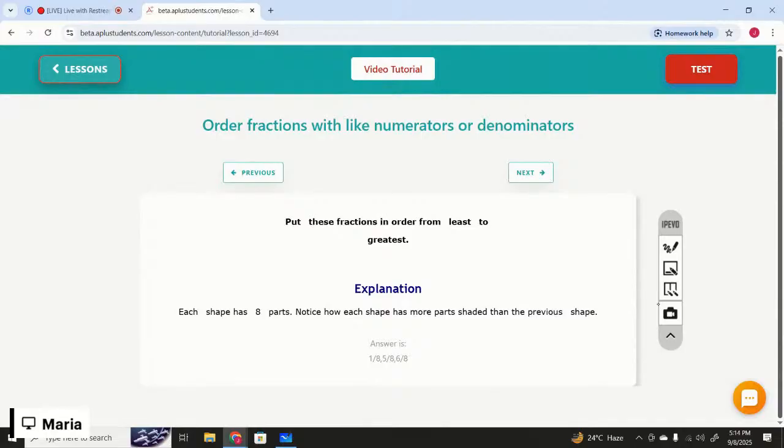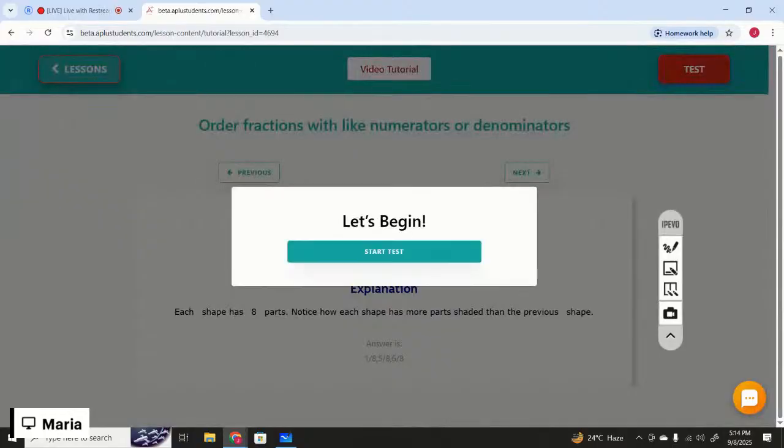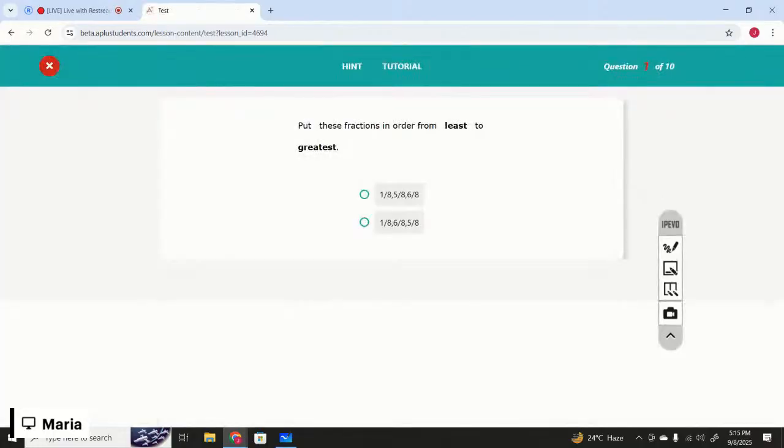So let's just start with the test questions. Put these fractions in order from least to greatest. So we are given two options, 1 by 8, 5 by 8, 6 by 8.